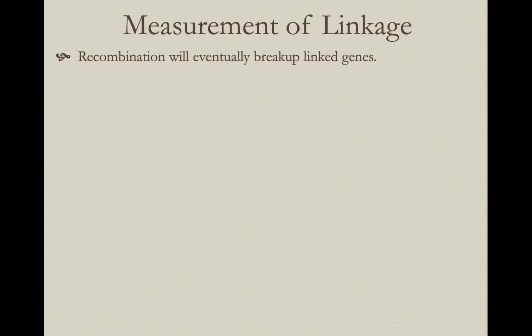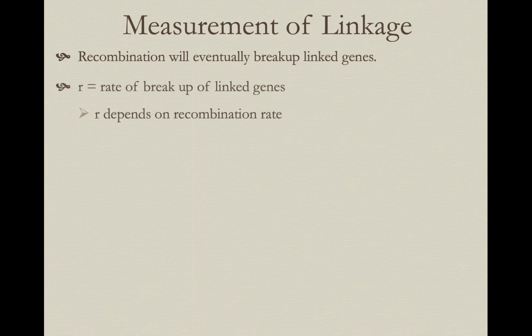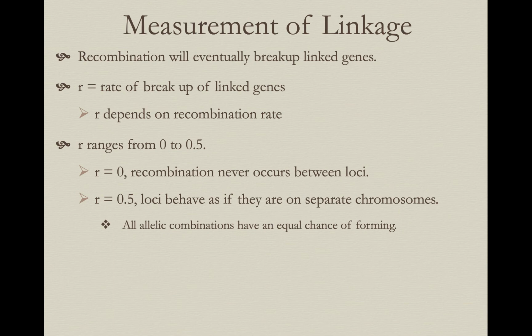What recombination does is it reduces linkage disequilibrium to a point of linkage equilibrium. The rate at which recombination will do this is dependent upon, again, the recombination rate, which is going to range from 0 to 0.5. All right, so let's explain the math associated with 0 to 0.5.